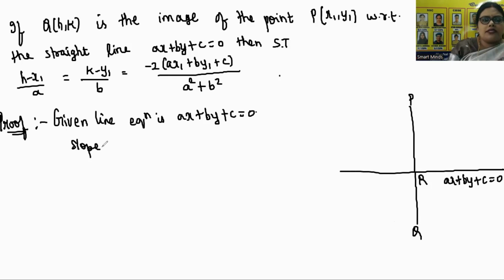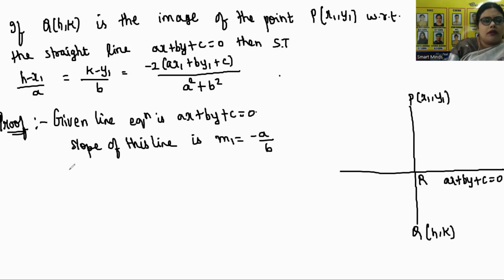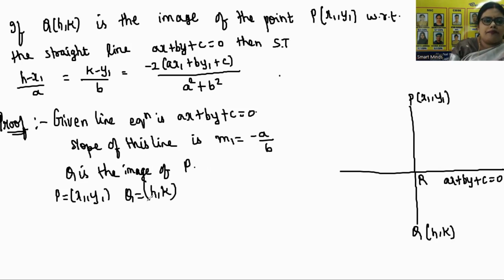Now what is the slope of this line? Let us denote it by m1, that is -a/b. Whenever the line equation is given, its slope is given by -a/b. Now P is (x1, y1) and Q is (h, k). Here Q is the image of P. Now what is the slope of the line PQ?